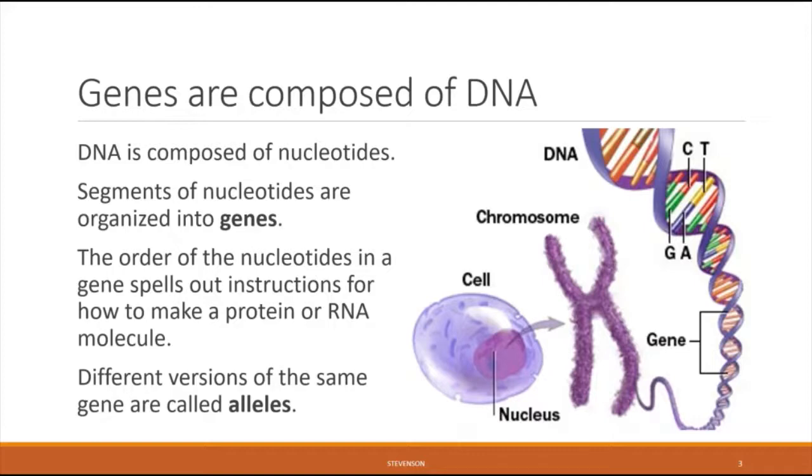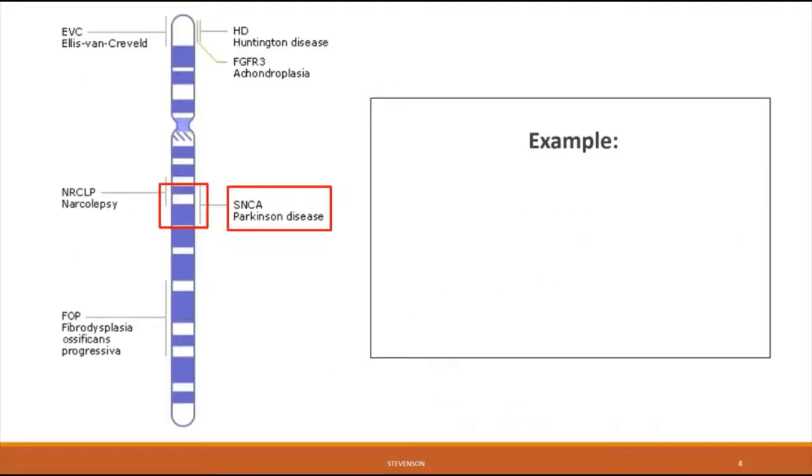So to paint a little bit clearer of a picture of the significance of DNA being turned into a trait, let's talk about a specific example, which is actually one that we've referred to earlier in the class. We learned before that on human chromosome number 4, there is a gene, and that gene is called the SNCA gene, located at the 4th chromosome on the larger arm at position 22.1.